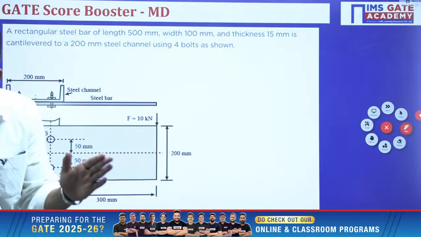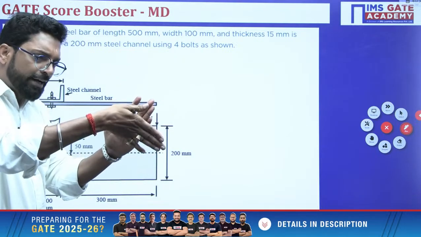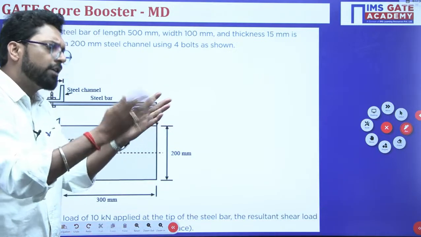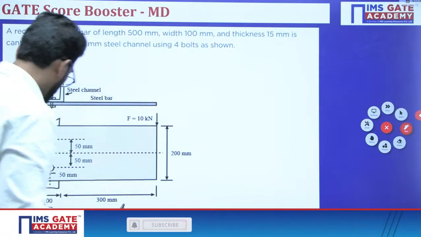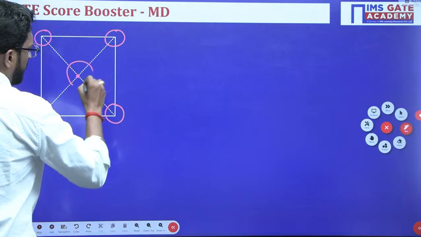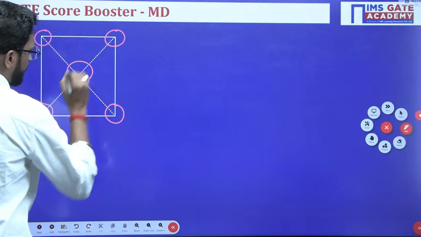Let's suppose this is your plate. On the plate there is a load applied, so the plate wants to rotate like that, so the bolt will try to twist. So what is the twisting moment? P load into eccentricity E.